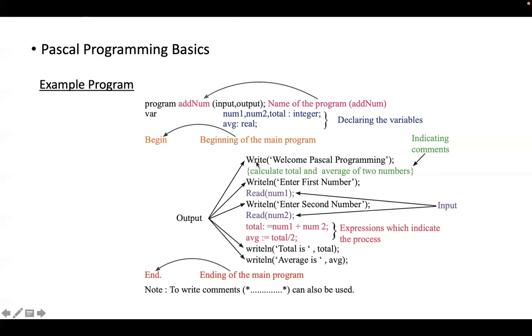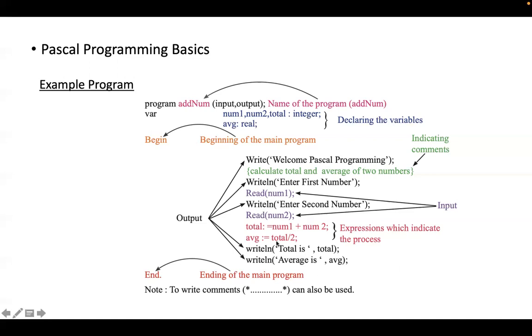This write is used to output something, and the things we write inside curly brackets will be considered a comment in Pascal. You know that already. And this writeln, let's see the difference between write and writeln later. And now, this read function is used to take input from the user into our program.